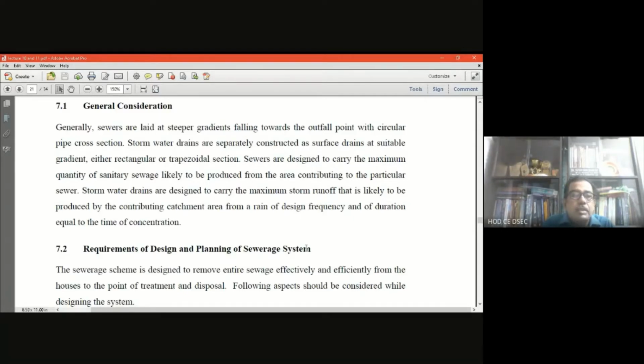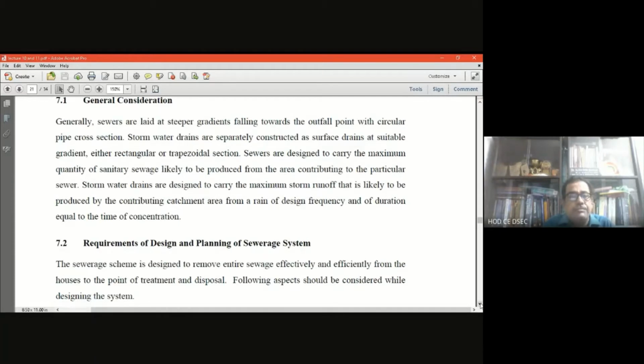For the sanitary sewer, we consider the maximum quantity of sanitary sewage likely to be produced from domestic or industrial areas contributing to that particular sewer. For stormwater drains, the maximum storm runoff has to be calculated from the contributing catchment area where the rain occurred, with the design frequency and duration of the storm, considering the time of concentration. All this terminology has already been described in my previous lectures.